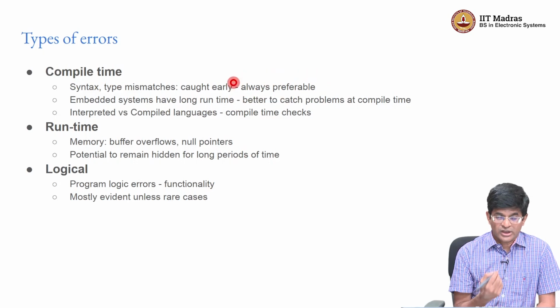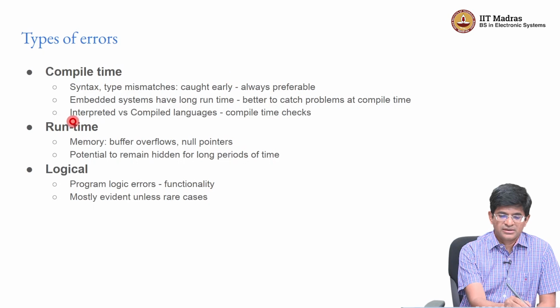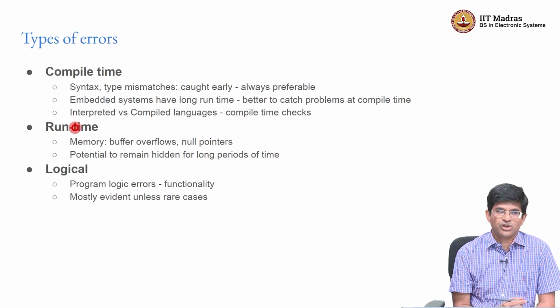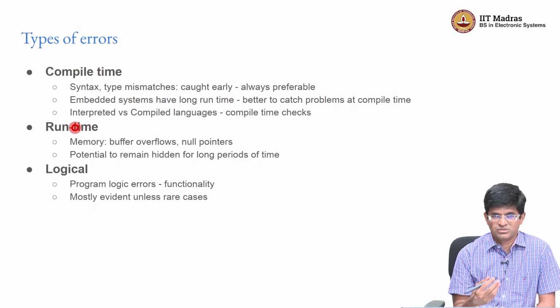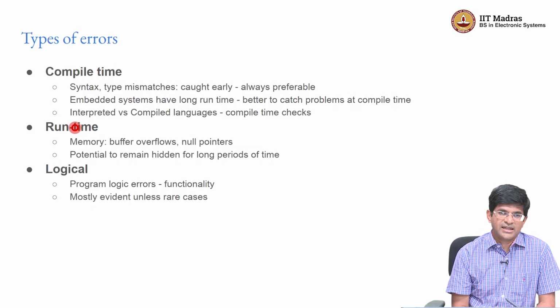Now, what that means also is that if you end up developing your code in certain kinds of interpreted languages like MicroPython or embedded JavaScript or something like that, where there is a certain interpretation component at runtime, you could even end up with a scenario where certain fairly simple errors don't even occur until the system has been running for a while.